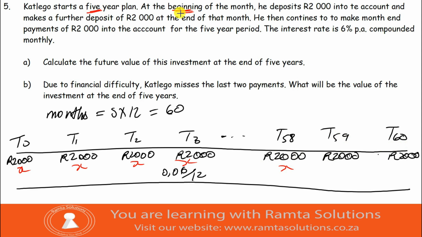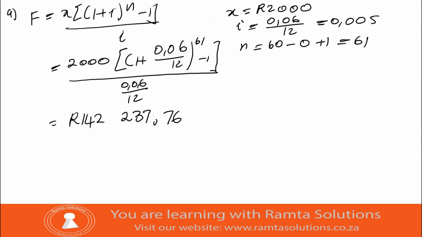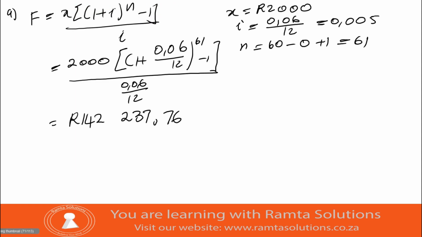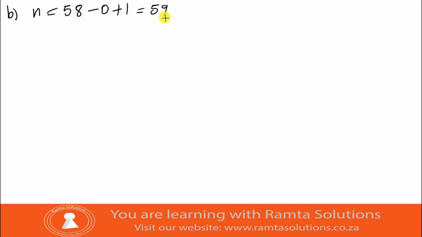So it'll be 58 minus 0 plus 1, meaning he's making 59 payments. Of course, he was making 61 payments, but because he's missing 2, he now makes 59 payments.